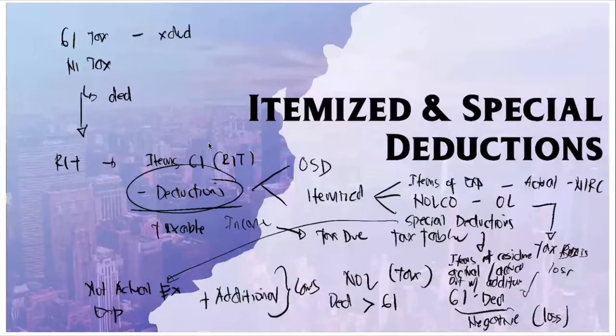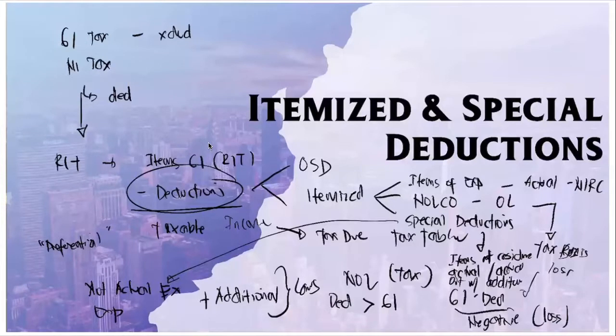This is scattered over your different laws, not placed solely in your NIRC, but placed under your special laws. Sometimes these deductions can be considered as preferential rates. These are considered preferential because it is dependent on a particular type of expense or a particular type of occurrence or activity.